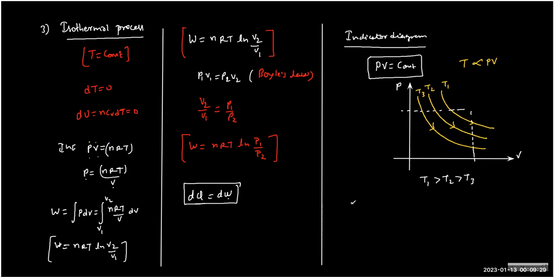Now comes the slope part. PV is nRT, which is constant. So to find the PV slope, you can write the fractional differential dP by P plus dV by V equals 0. So dP by dV is how much?